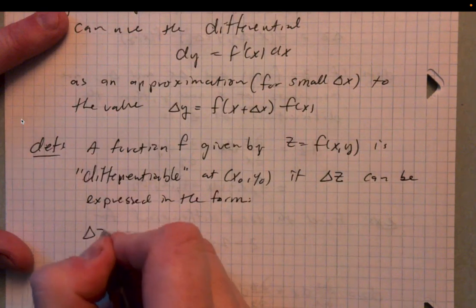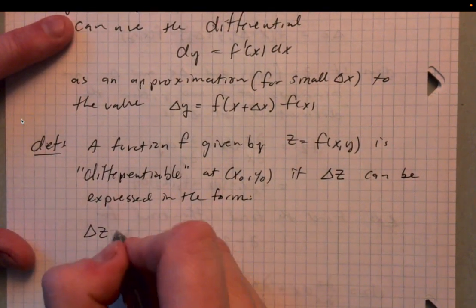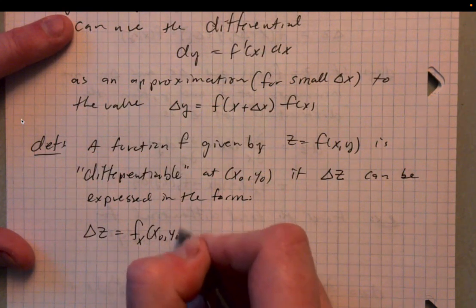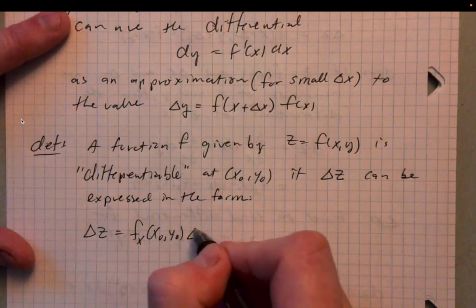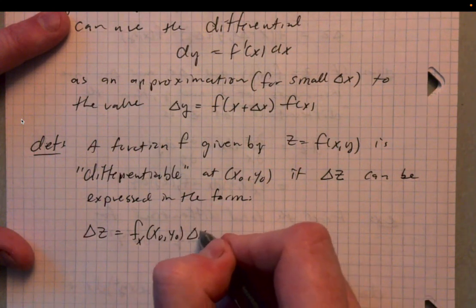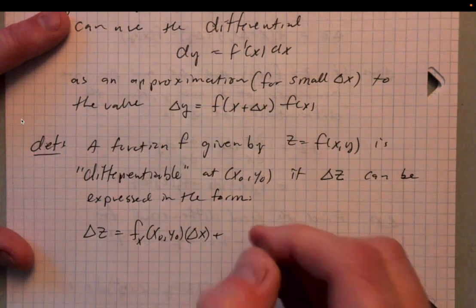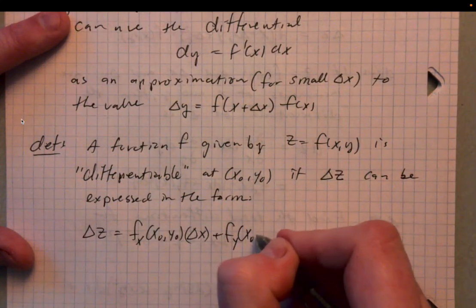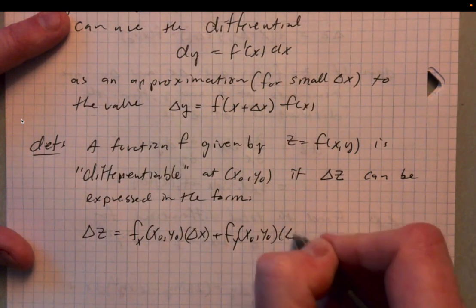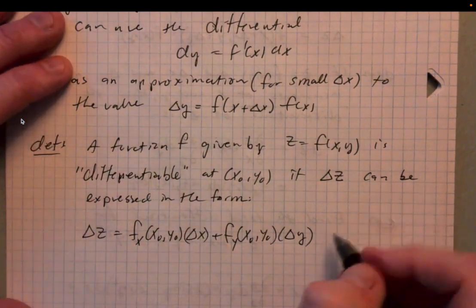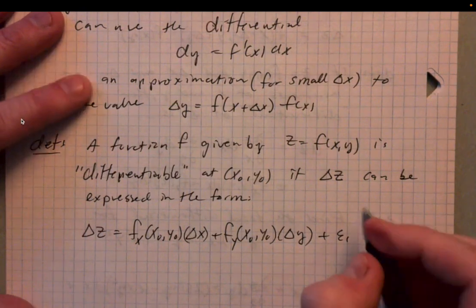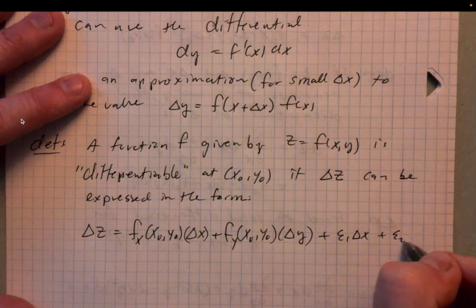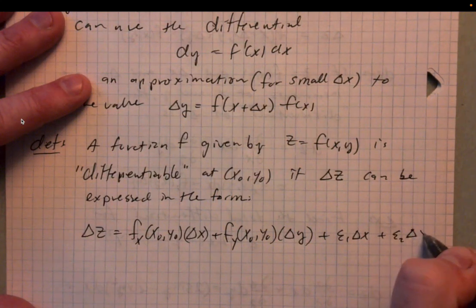Delta z needs to be expressible in the form delta z equals f sub x evaluated at the point x naught, y naught times the x increment delta x, plus f sub y evaluated at the point x naught, y naught times delta y, plus some epsilon 1 increment in the x direction plus some other epsilon 2 increment in the y direction.